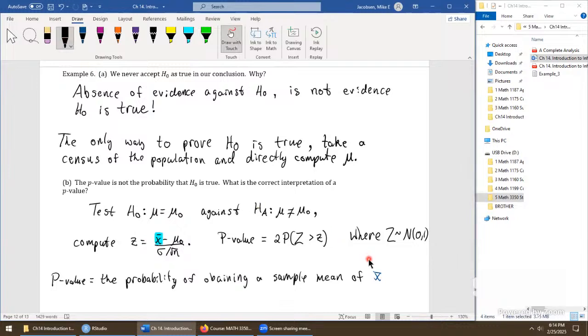Actually, let me reword this just a touch: sample mean as extreme as X bar, or more extreme.